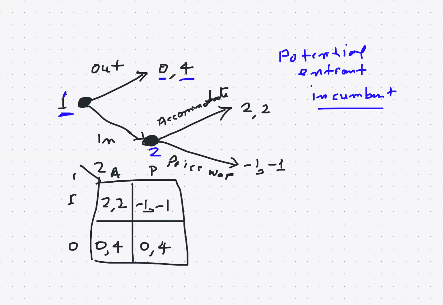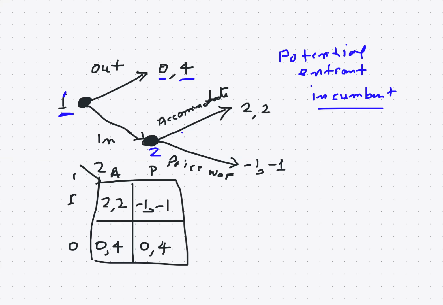But if the potential entrant, firm one, decides to enter, meaning it's in, then the incumbent, firm two, has two actions at its decision node. Either it can accommodate firm one, in that case they split the payoff 2 and 2, or it can initiate a price war. In that case, they both incur losses of $1. Okay, so this is the game here.